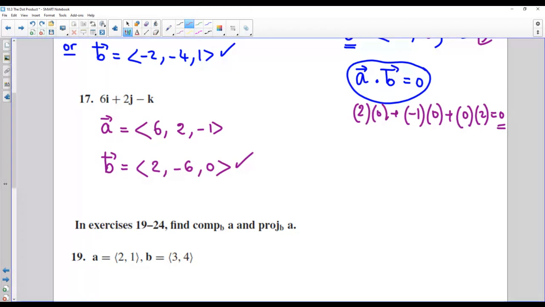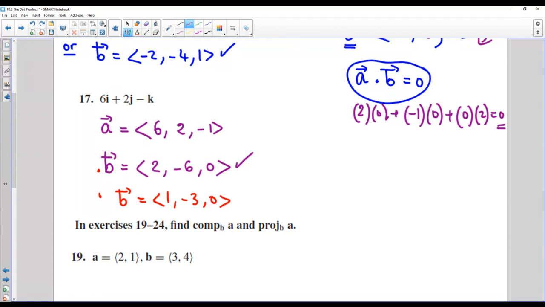You need to look at it carefully. Let me give you another example. There are many examples here. You can take perhaps 1, -3, 0.